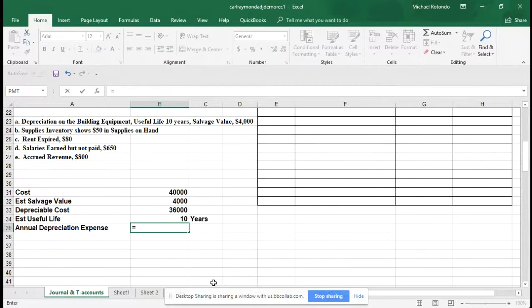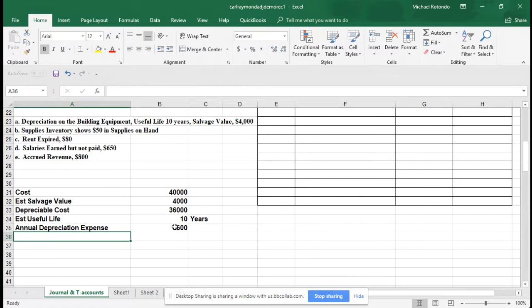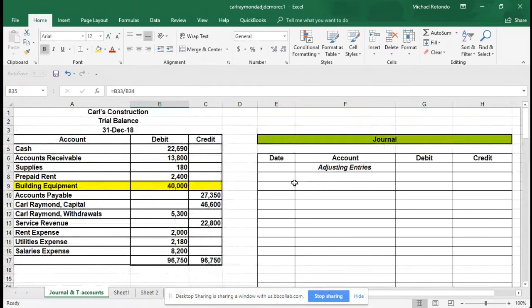So we will take the 36,000, that's our depreciable cost, and divide it by our estimated useful life of 10 years, and we will get $3,600 per year. So our entry for 2018, in our adjusting entries, will be a debit to depreciation expense.